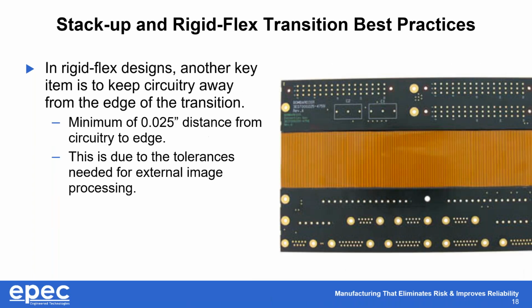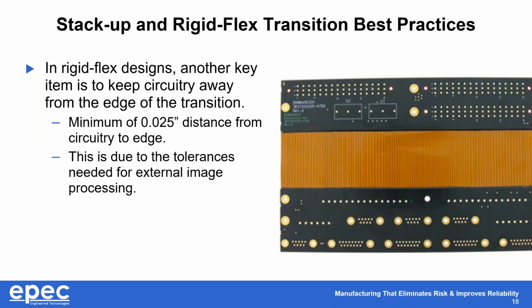And then going back to rigid flex designs, another key takeaway that seems easily overlooked is to always keep circuitry away from the edge of the transition. And typically you want 0.25 distance from circuitry to the edge. And this is less for mechanical reliability and more for manufacturability.